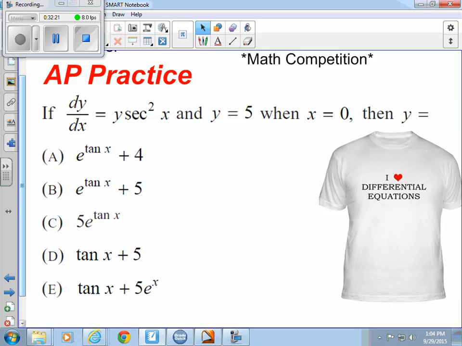This is the last AP packet for your district. And if you don't remember correctly, a lot of times those problems on your tests sometimes weren't even on the AP packet. So don't forget, understanding AP packets is very important.